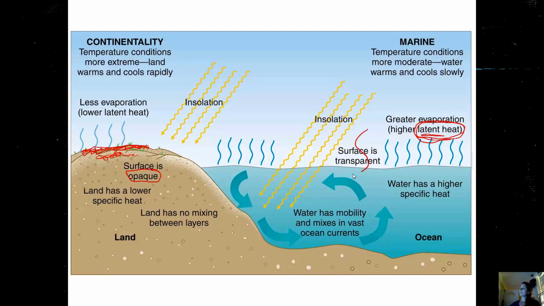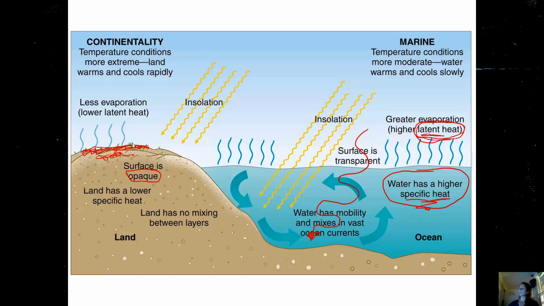Well, the transparent nature of water requires heating to go to much greater depths, making greater volumes of material to be heated. And so we say that water has the ability to store more energy, a higher specific heat capacity. It's like a bank for energy.